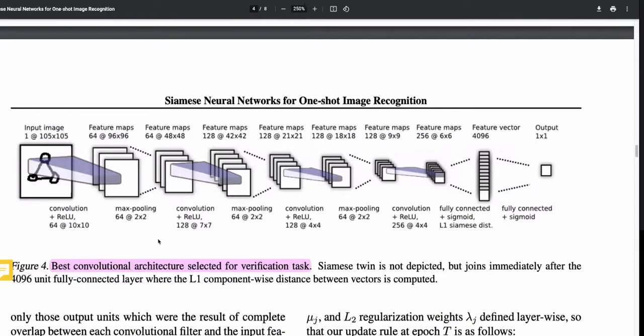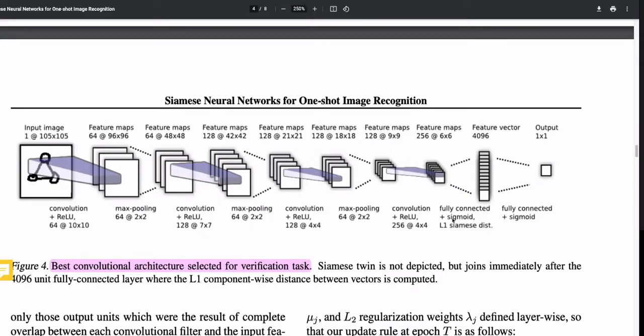Here you have the size of the image, 105 by 105, and it is grayscale, so it has one channel. They pass it through 64 filters, and I think the kernel is 10 by 10. They use max pooling, through a number of feature maps, until eventually you get to a feature vector.